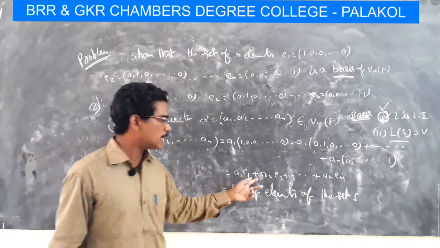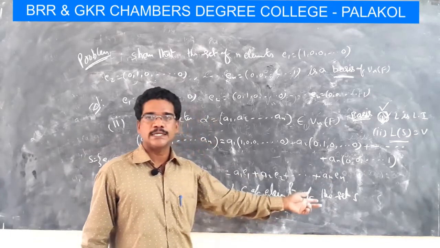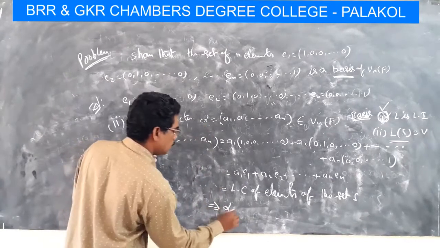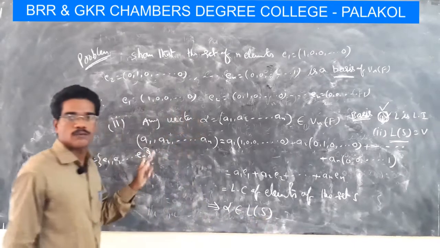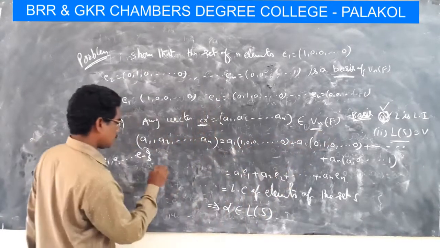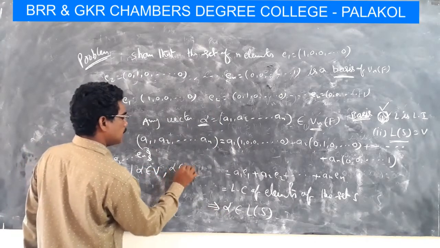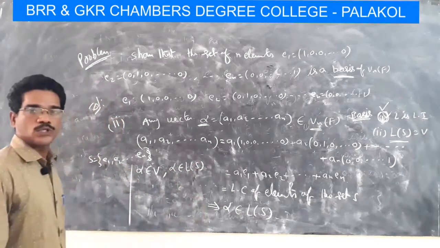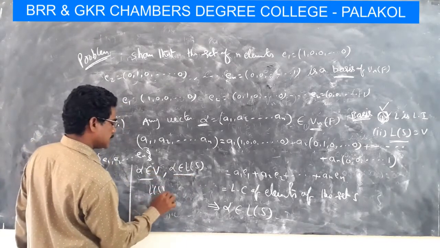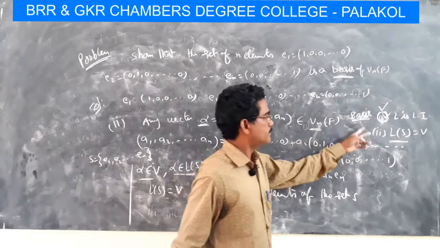So a1 e1 plus a2 e2 plus so on plus an en is a linear combination of the elements of the set S, which implies, since a1, a2, so on an belong to f, that alpha belongs to L of S. Already we know that alpha belongs to V. Here alpha belongs to L of S. These two conditions are used, then L of S is equal to V. So the second condition of a basis is proved.